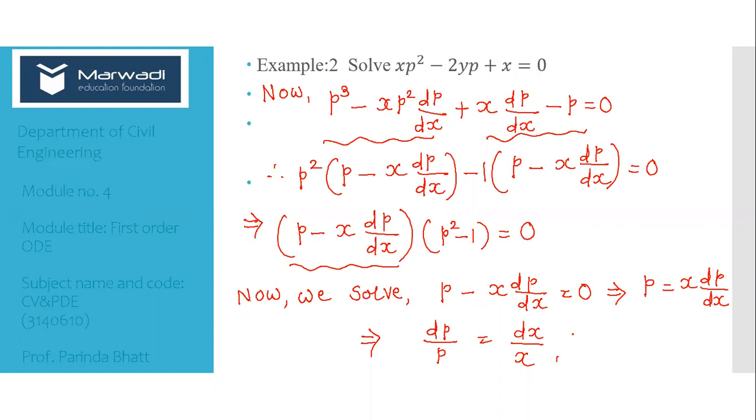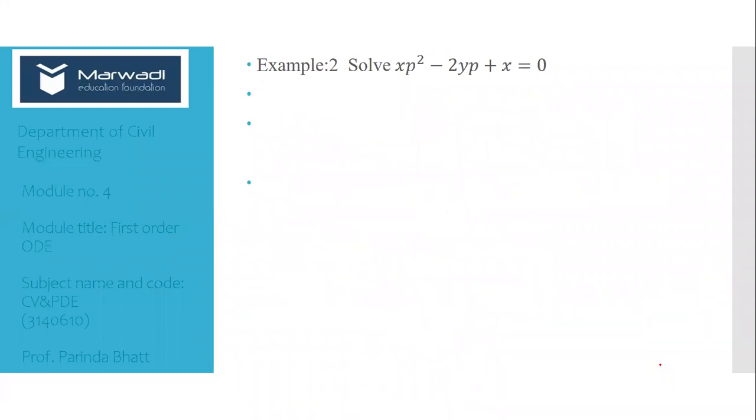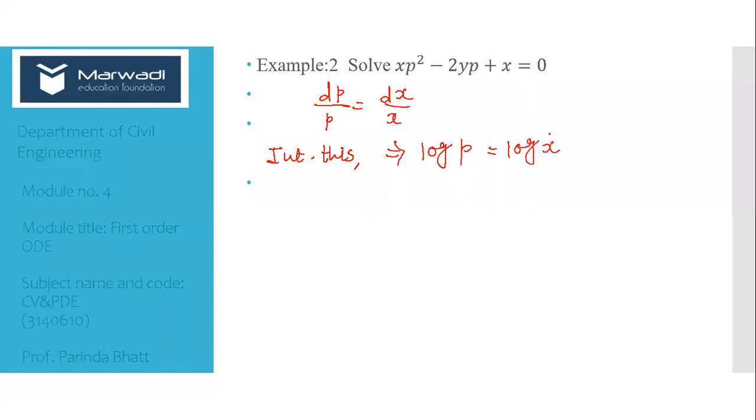Now integrating this, dp by p equal to dx by x, therefore log p equal to log x plus log c. Therefore, using the logarithmic rule, we know that p equal to x into c.